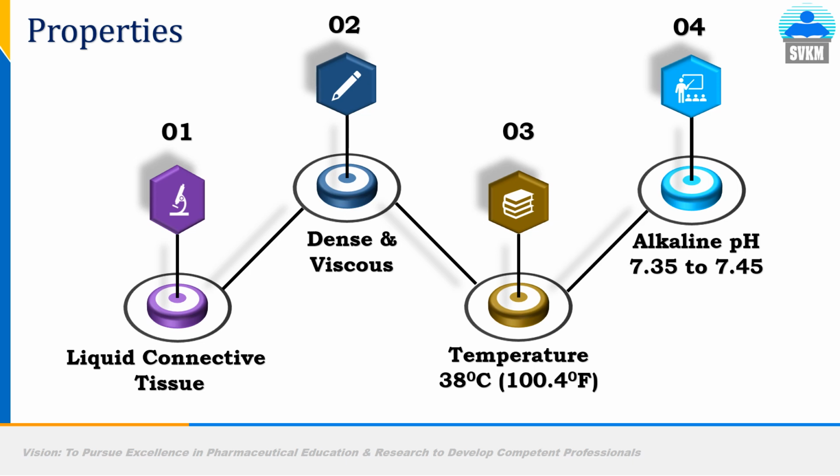And the blood has a slightly alkaline pH in the range between 7.35 to 7.45.